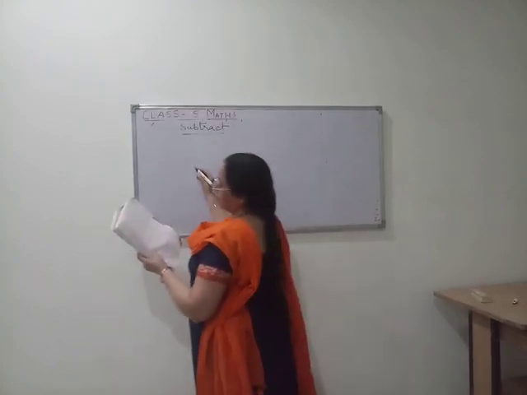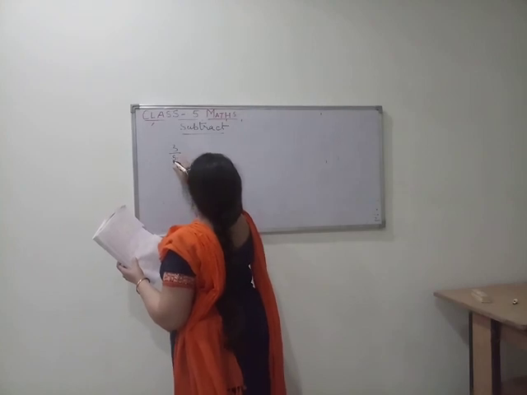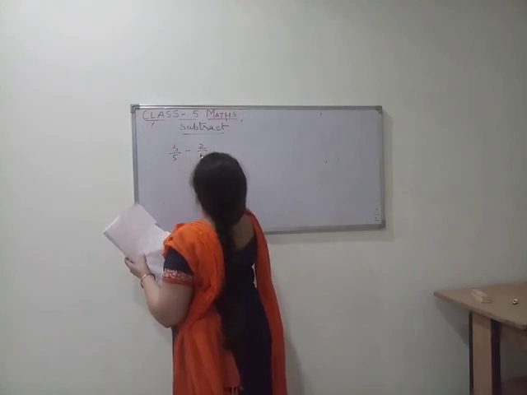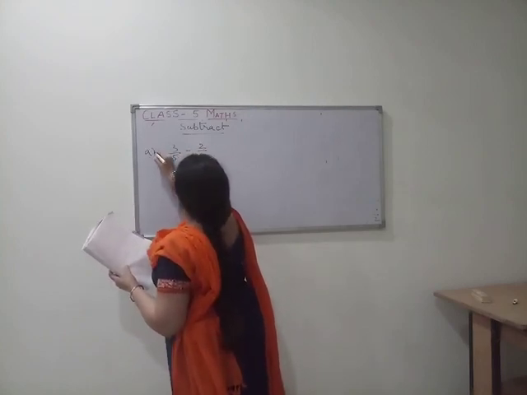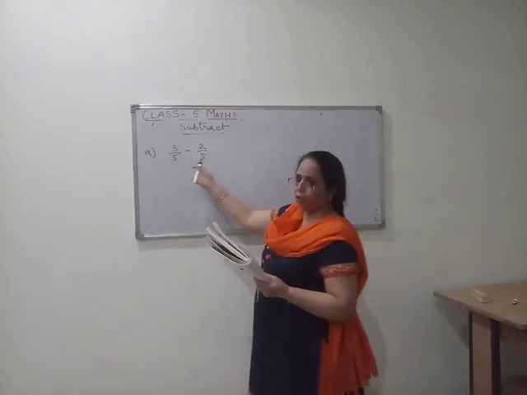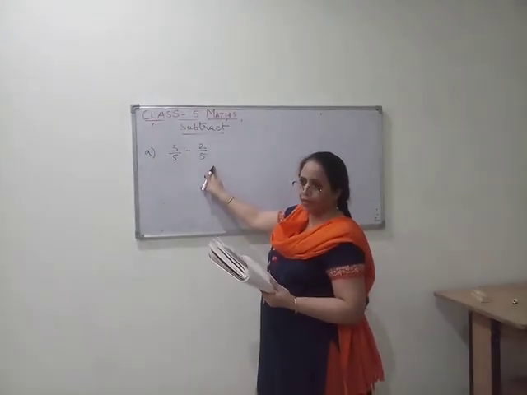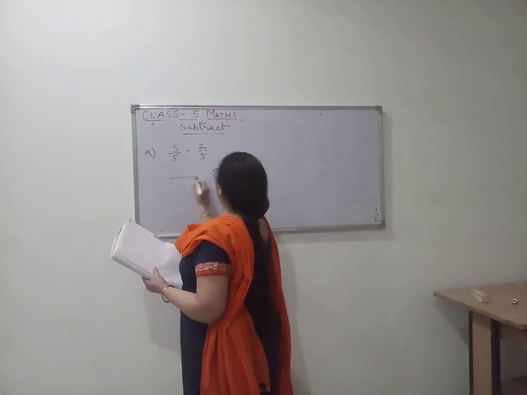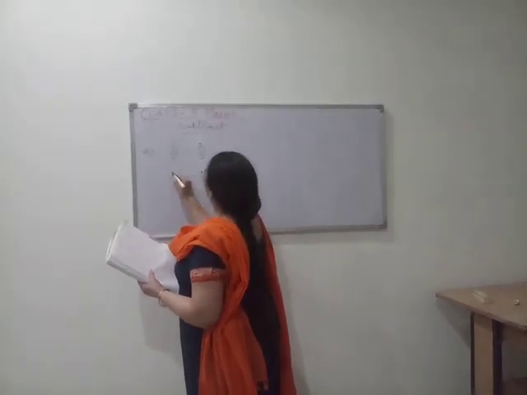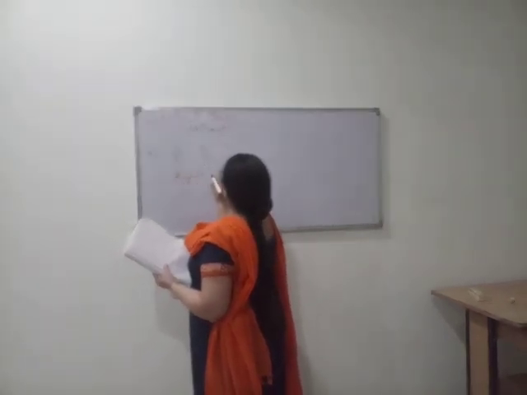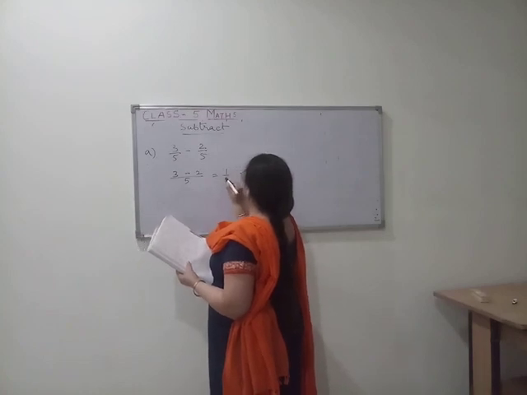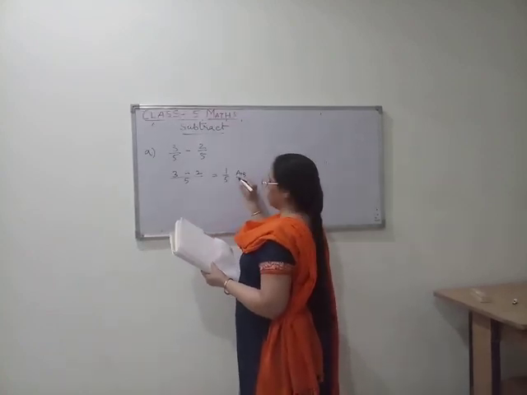In the subtraction, 3 upon 5 minus 2 upon 5. Here you see both the denominators are the same. Again the LCM will be the same, and we will subtract 3 minus 2, and then we will get 1 upon 5 as the answer. It is very simple.